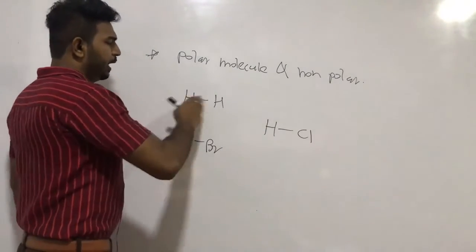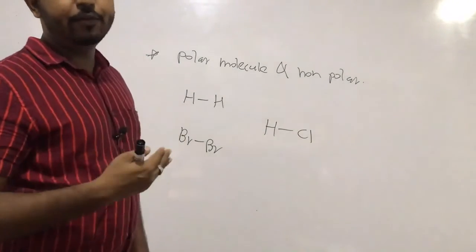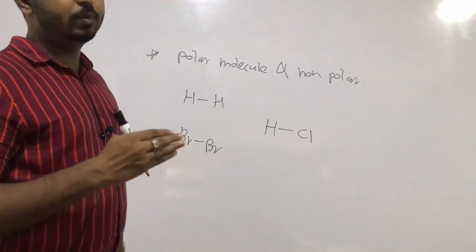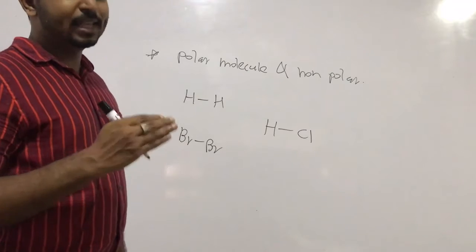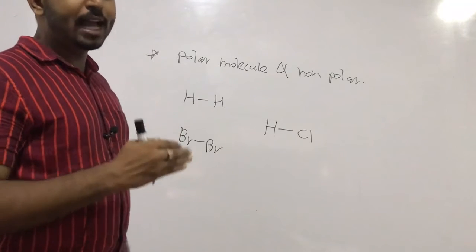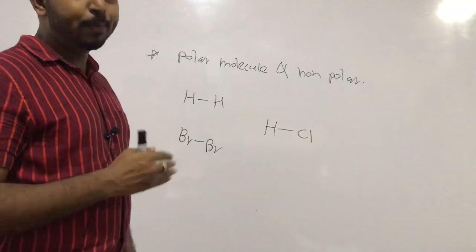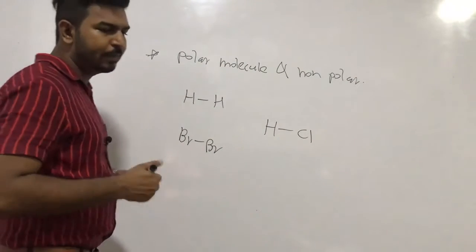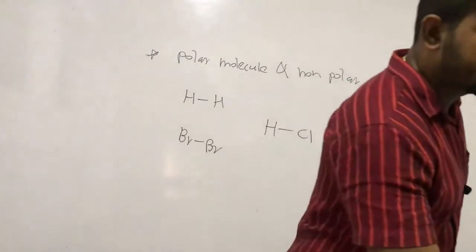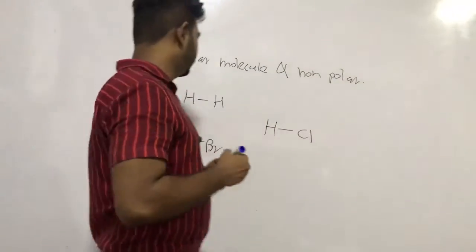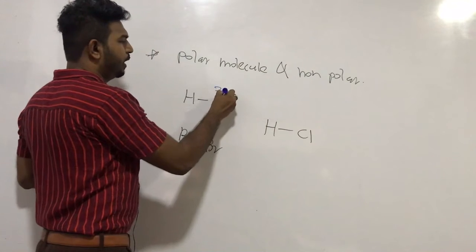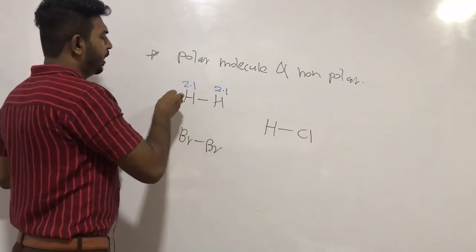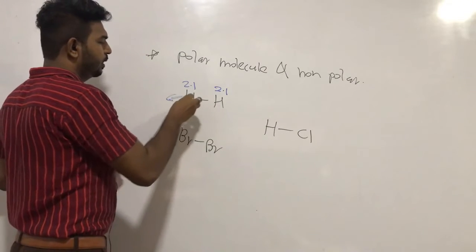So, if the electronegativity difference between two atoms is zero, we call those molecules non-polar molecules. Here this one has 2.1 and this one has 2.1, so the electronegativity difference is 0.